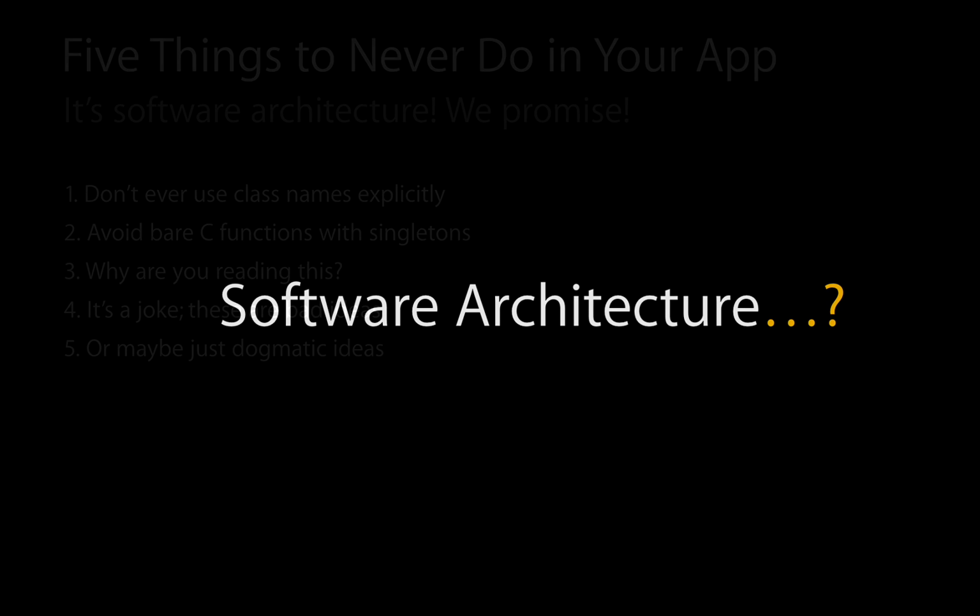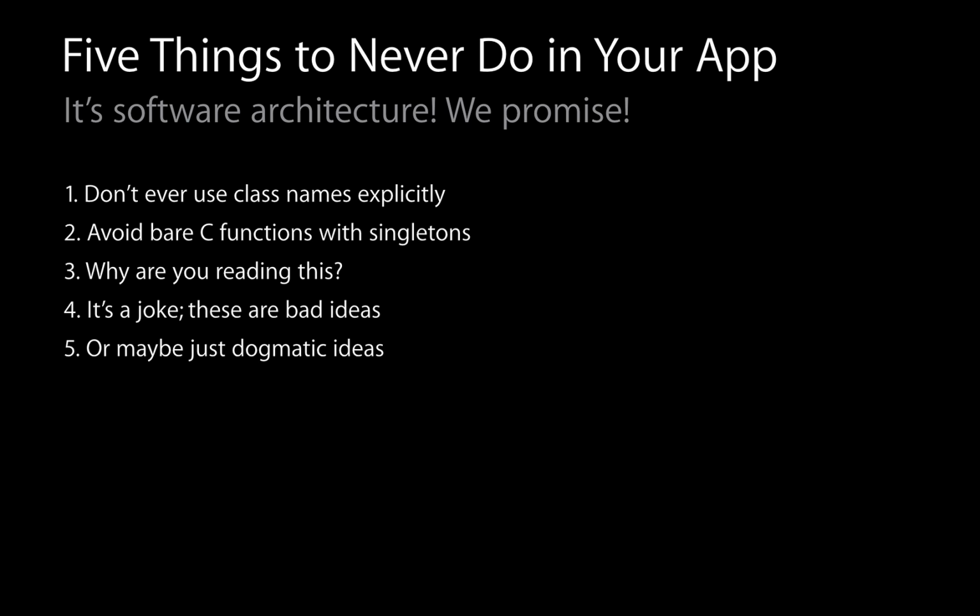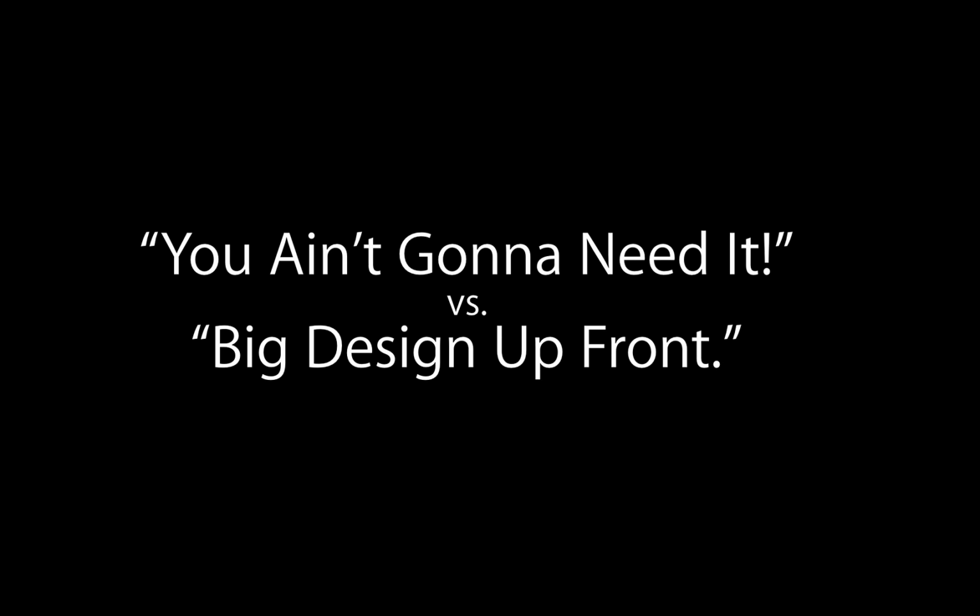People say, software architecture. You go, all right, cool, software architecture. What's software architecture? You search around the internet, and you get a whole bunch of blogs. They're listing like, oh man, never do this stuff. It's going to make your architecture bad. And it seems like there's a lot of contradicting opinions. Some people say start small, and some people want to design everything up front.